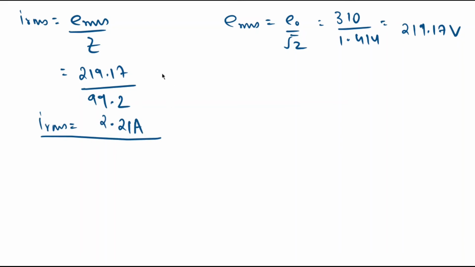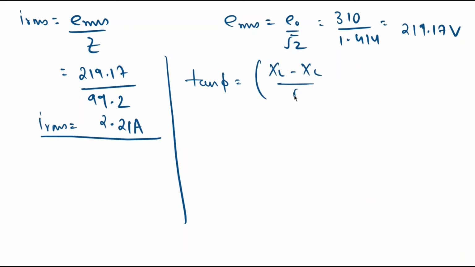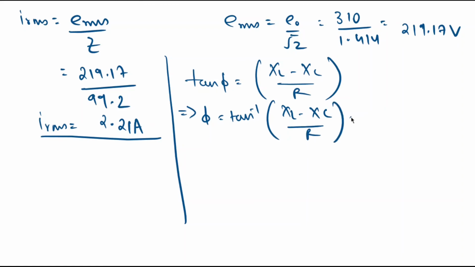Now let's find out the phase angle, which is given by the formula tan phi equal to XL minus XC divided by R. This implies that phi is equal to tan inverse of XL minus XC divided by R. So putting the value of the reactance and resistance, XL minus XC is 96 and resistance is 25.